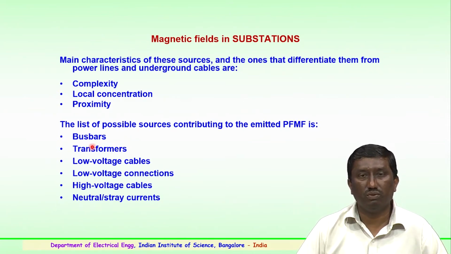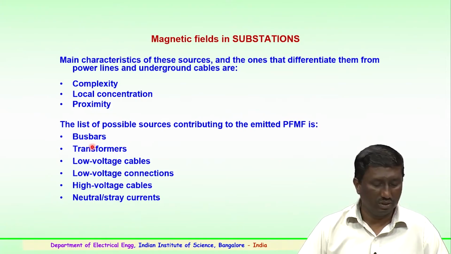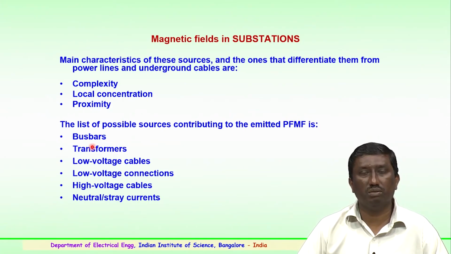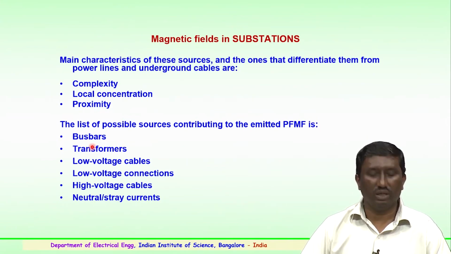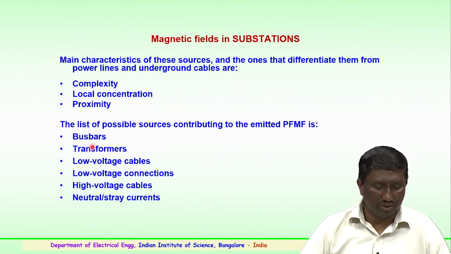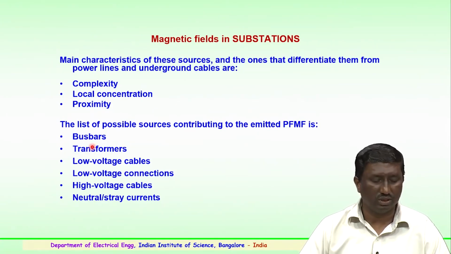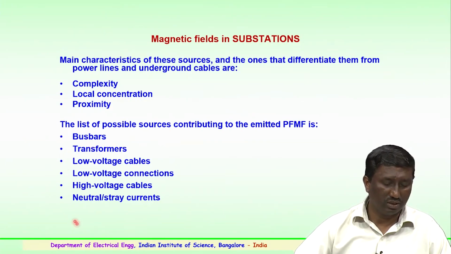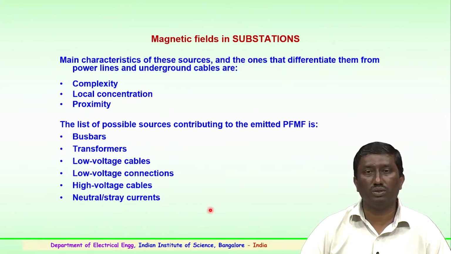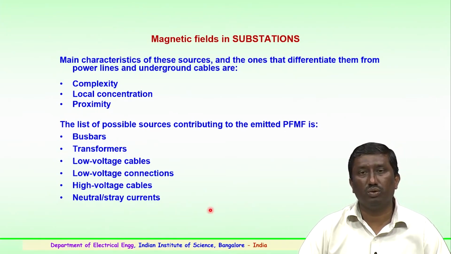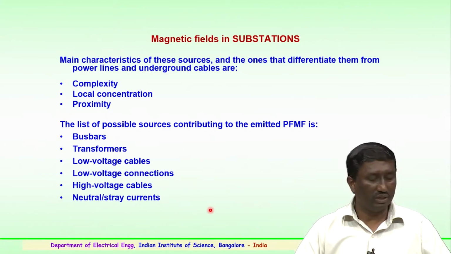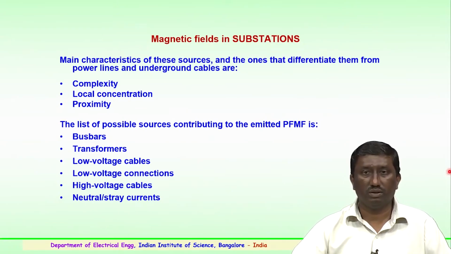So, these also contribute. Then high voltage cables, and the neutral and stray currents which are normally witnessed in the substation. So, all these things could be possible sources which contribute to the power frequency magnetic fields in the substation.